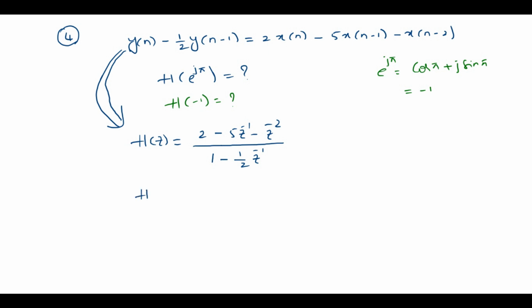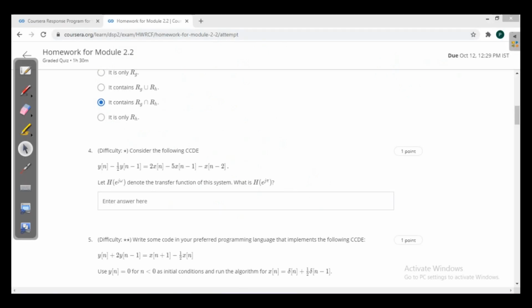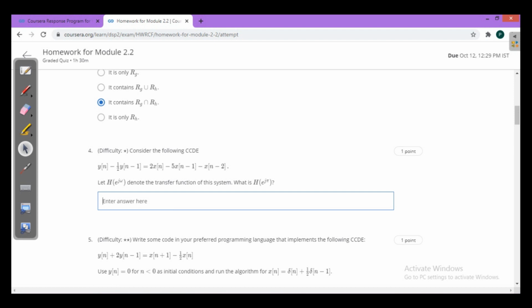So in place of z, write minus 1. Substitute z is equal to minus 1, nothing but 1 by z is also minus 1 only. So it is 2 plus 5 minus 1 divided by 1 plus 1 by 2. Its value is 6 divided by 3 by 2, which is 4. So the h of e power j pi value is simply 4.